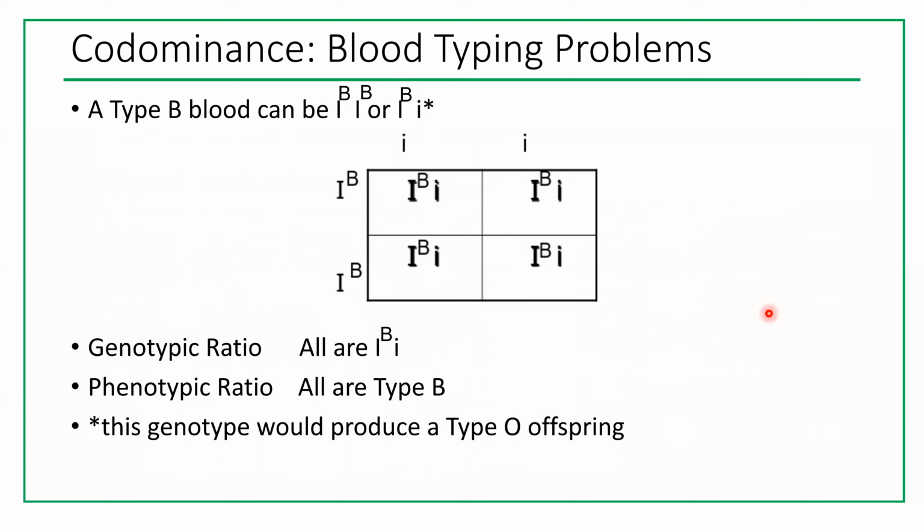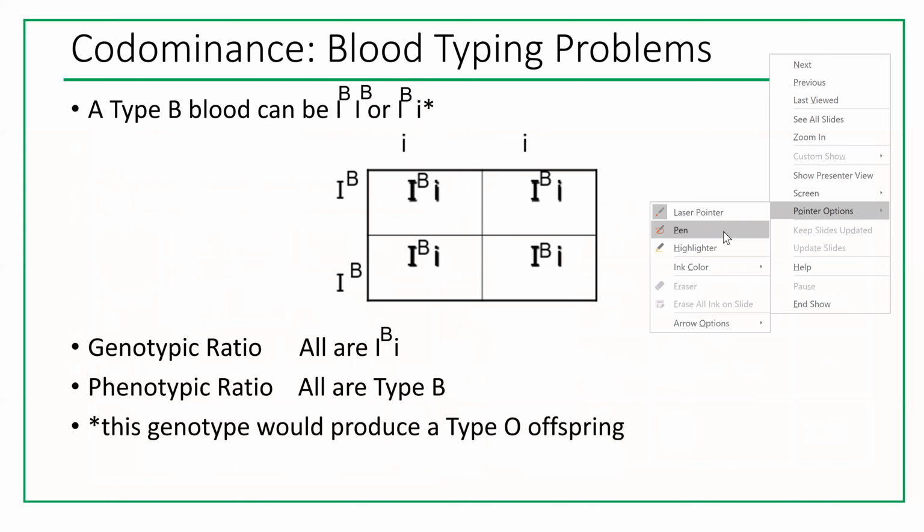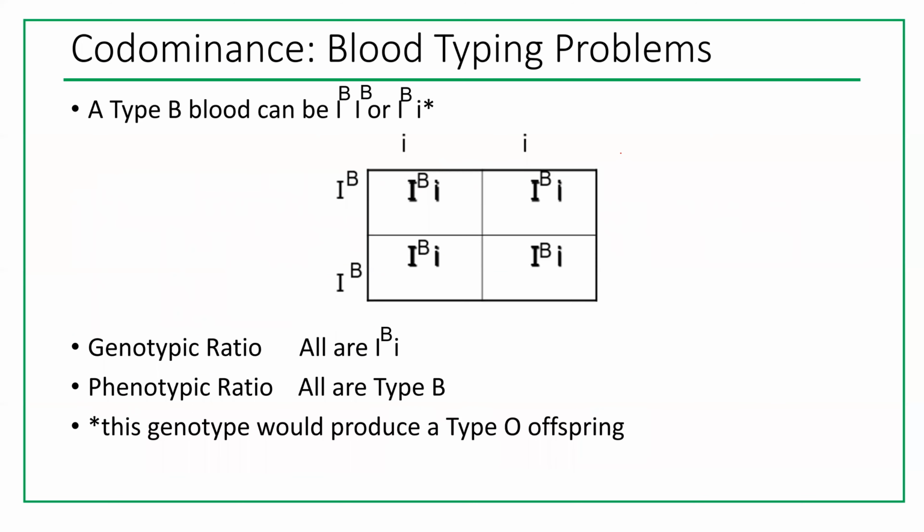Let me get a pen. Look, I'm going to use it a little bit differently. I'm going to say that one parent is OO, right? Just easier. And another parent is type B, right? Well, but what type B? It can be like this, right?